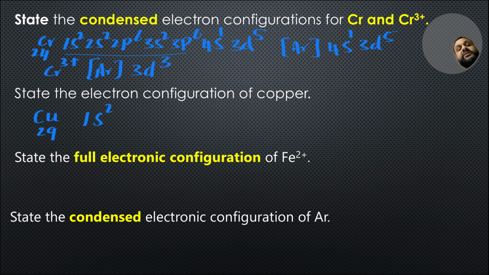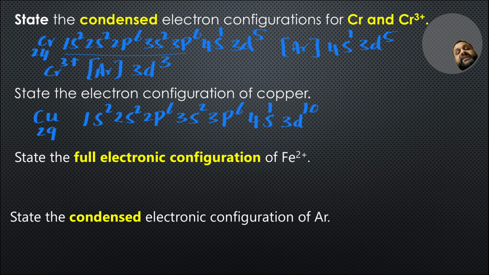So 1s2, 2s2, 2p6, then we will have 3s2, 3p6, and then we will have 4s, and then we will have 3d. So 4s will have 1, d will have 10. So fully filled is more stable.